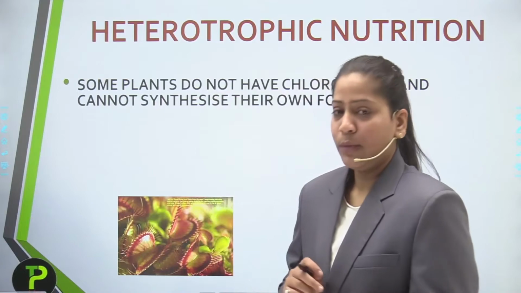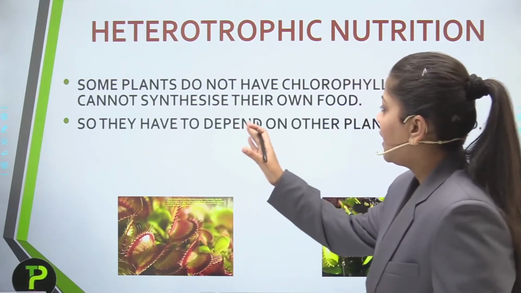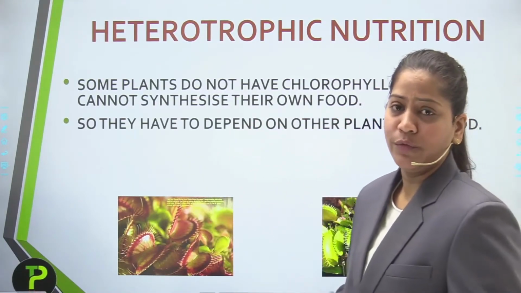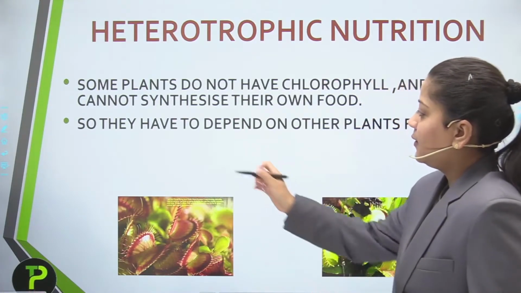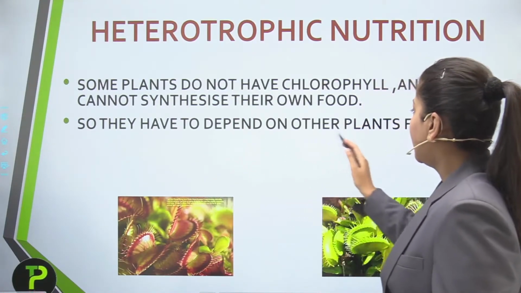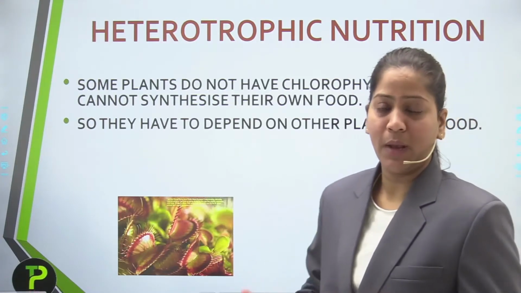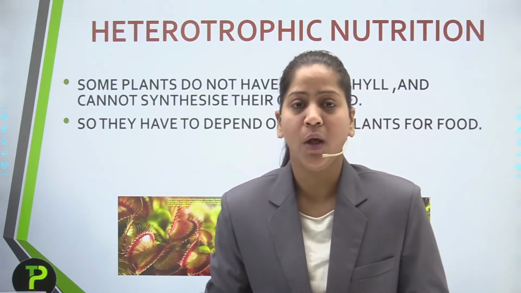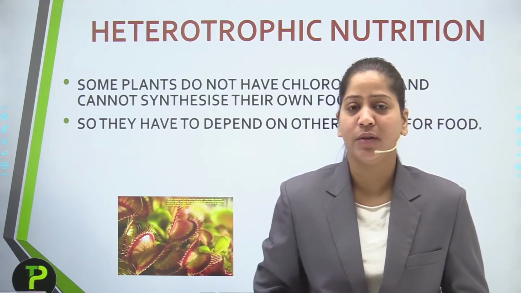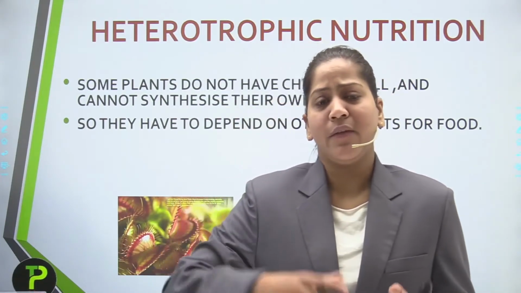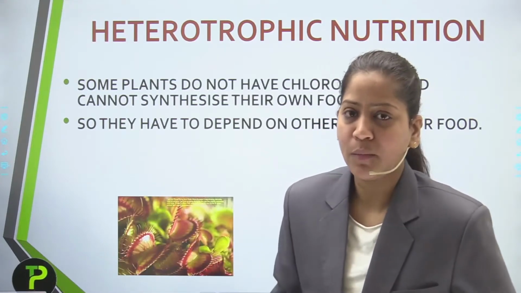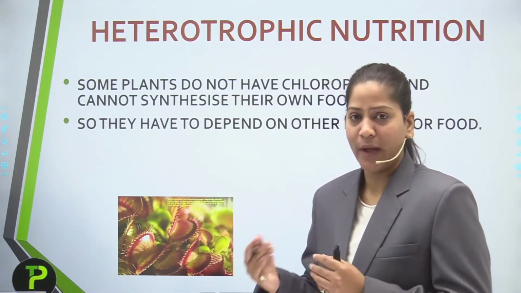If the plant has no chlorophyll, obviously it cannot prepare its food and has to depend on other plants for food. If a plant does not have chlorophyll or the condition which can help it make food, then it will eventually depend on another organism, plant or animal, to get food.